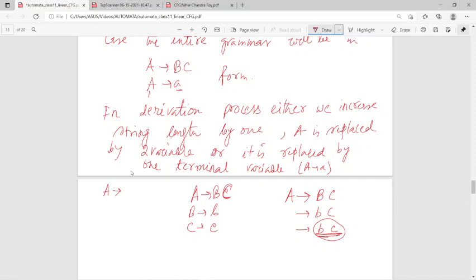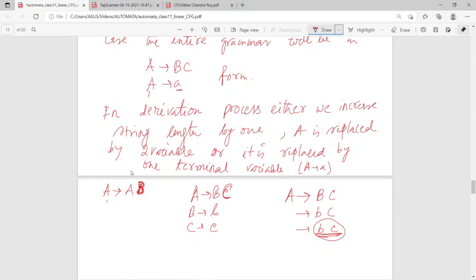Say from A to, if we write A, either I have to write in that particular form. So it may be, say I am taking an example, it will be better.